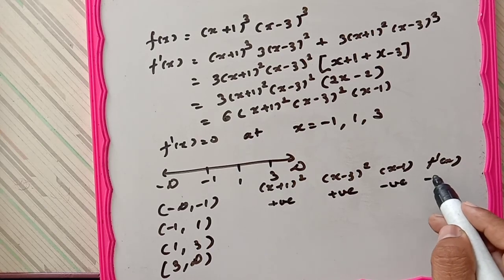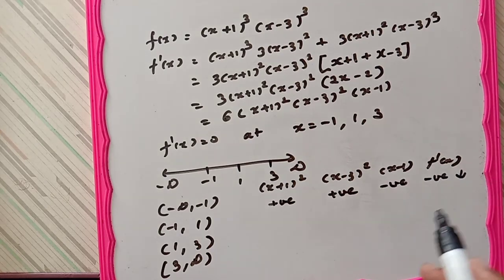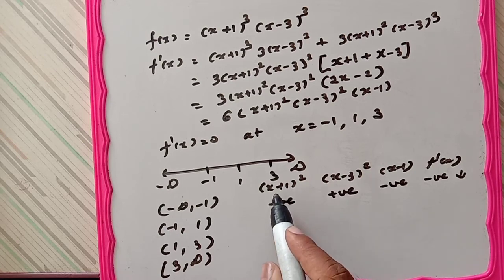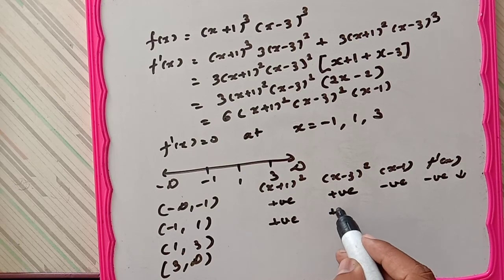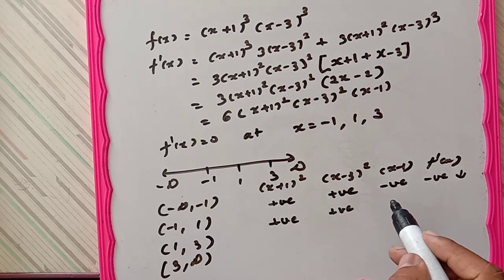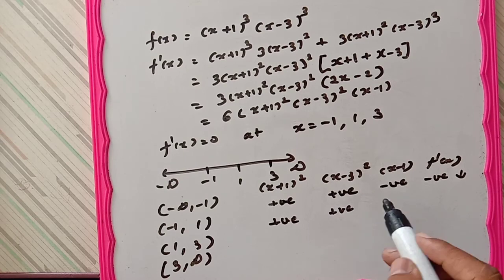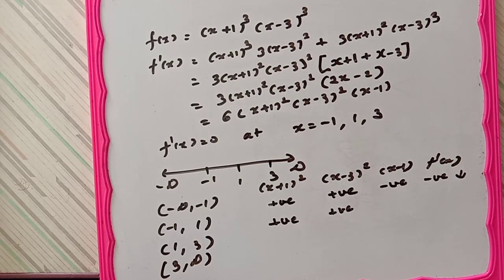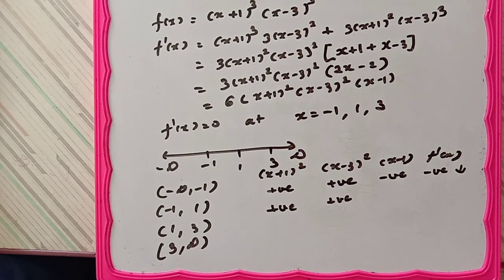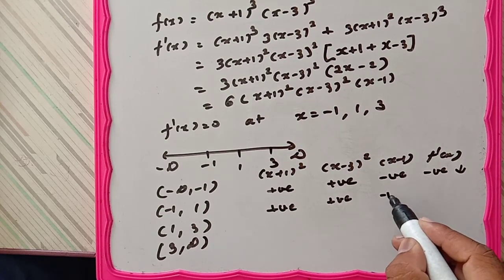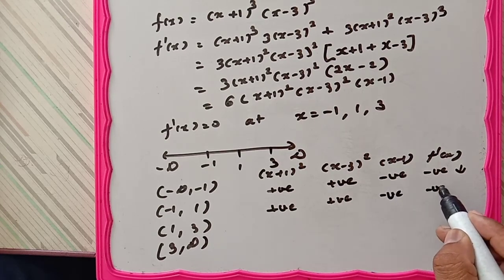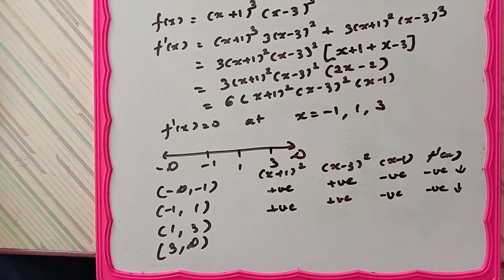So f dash x is negative, and so it is decreasing function, while minus 1 to 1, x plus 1 square is positive, so x minus 1 is negative, and so it is negative, so it is decreasing function, f dash x is negative.